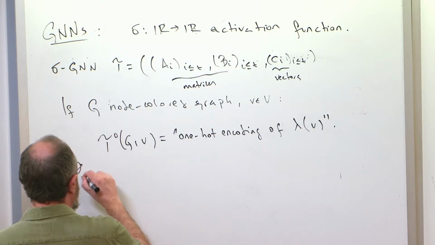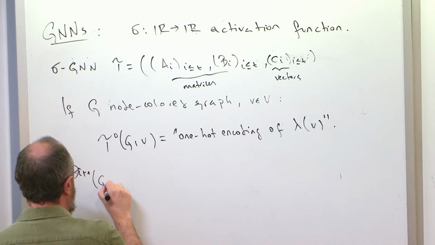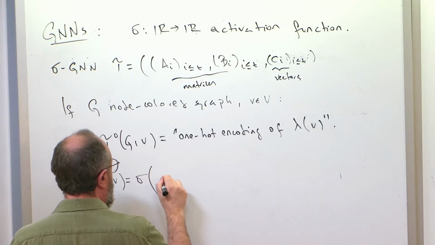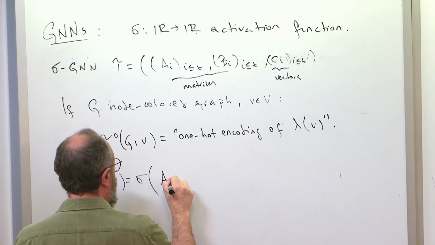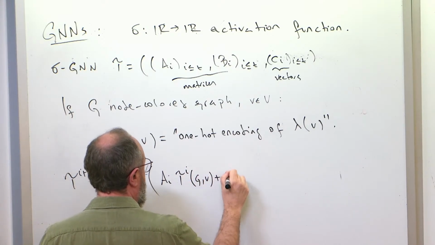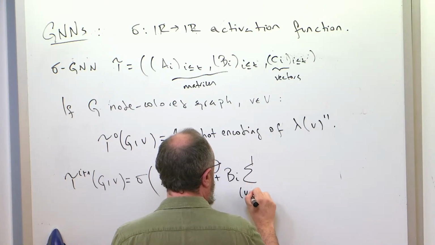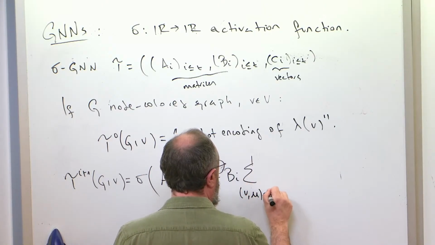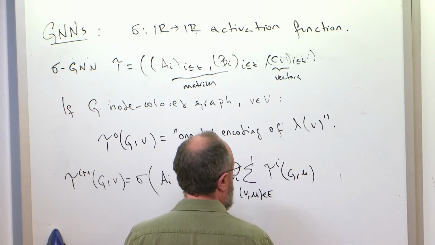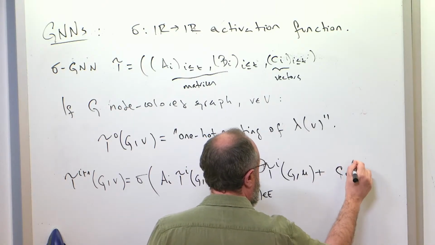And then tau sub i plus 1 of G and v will be sigma applied to A sub i of tau sub i of G and v, plus B sub i over the sum of tau sub i applied to the neighbors of v, plus C sub i.